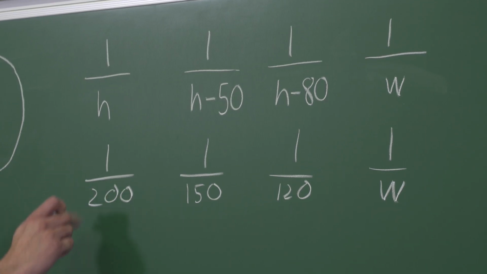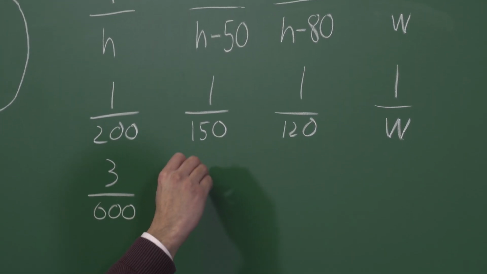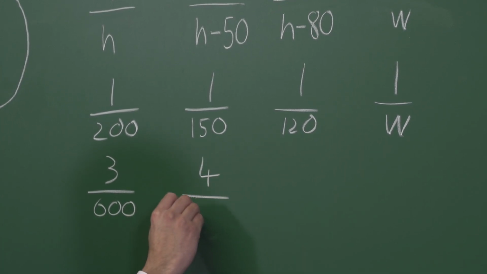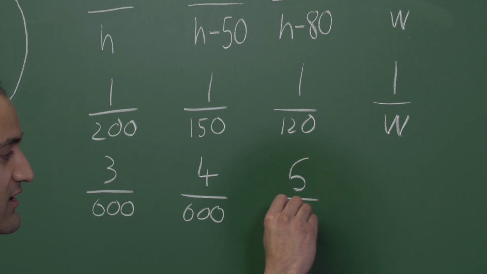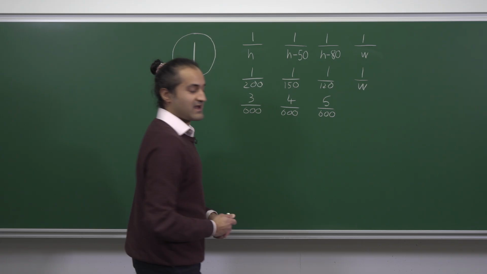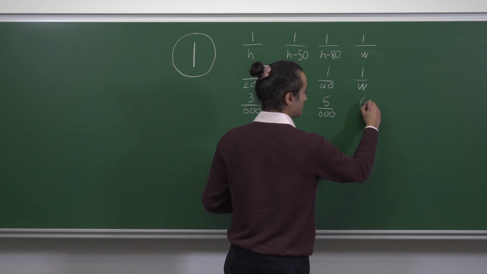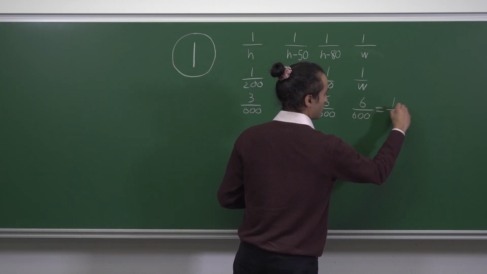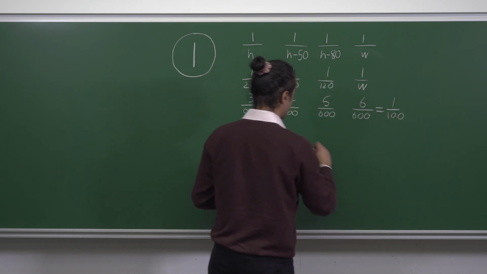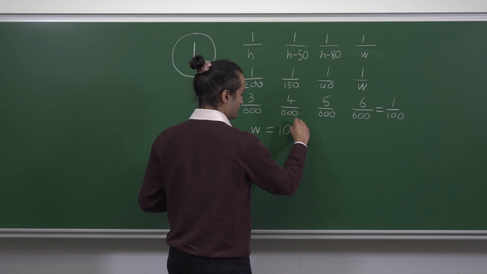So I'll multiply top and bottom here by 3: 3 over 600. This fraction is 4 over 600. This fraction is 5 over 600. And we can see now by inspection that the final fraction, 1 over w, must be 6 over 600, which is 1 in 100. And so the final water level w is 100.